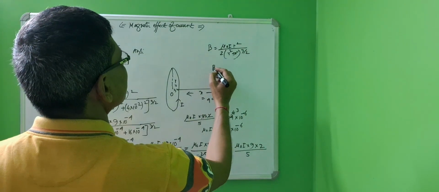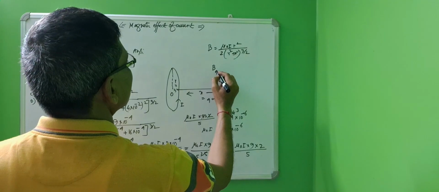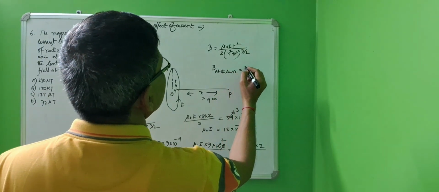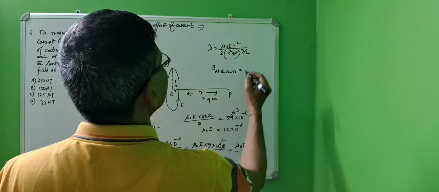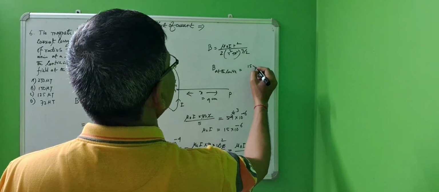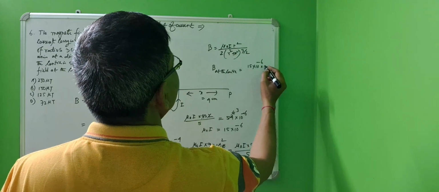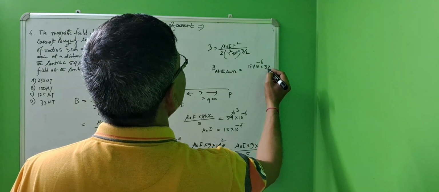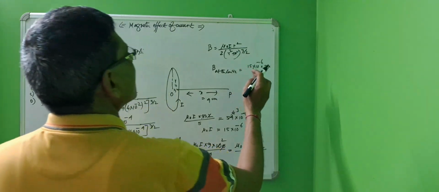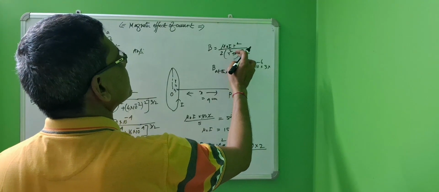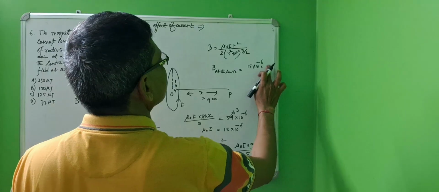Here we get B at the center equals, put mu 0 I value there, 10 to the power minus 6 and 3 into. At center x is 0, so here R cube is obtained, here R square, so 2R.